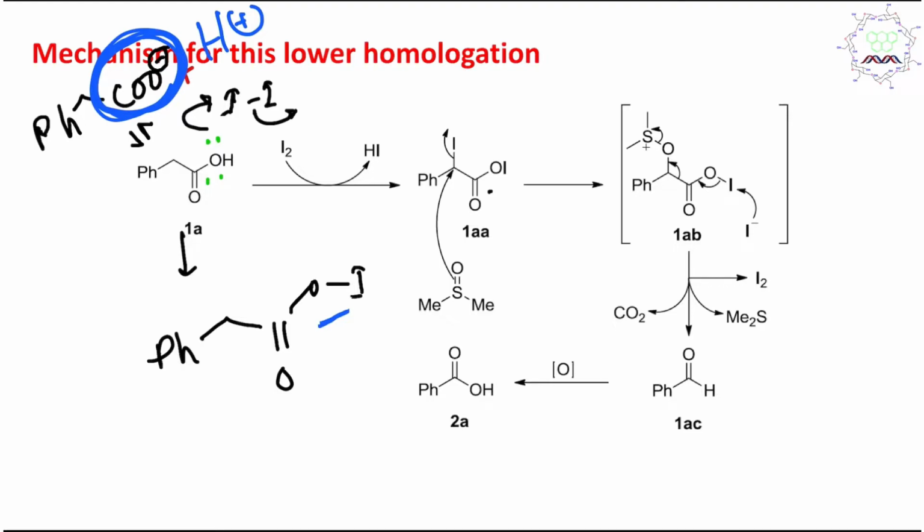Now the whole group is actually significantly electron withdrawing in nature. So what can you expect? That it will be more efficient for enolization of this alpha proton. That is the reason why you can expect this enolization.